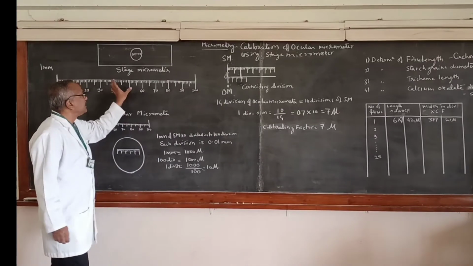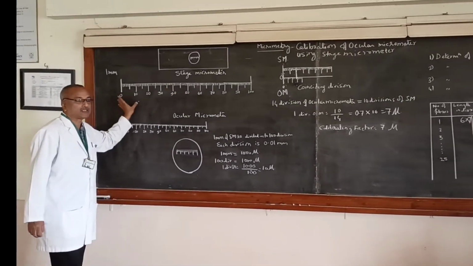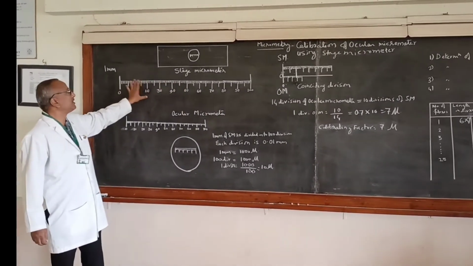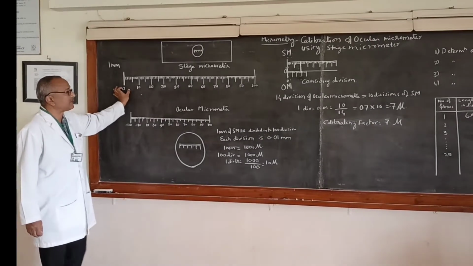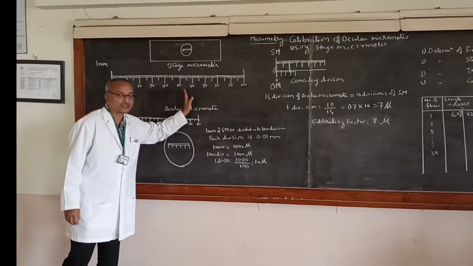The stage micrometer is graduated or etched with 0 to 100 units, and this measures about 1 millimeter, and each unit is 0.01 millimeter, which is around 10 microns.